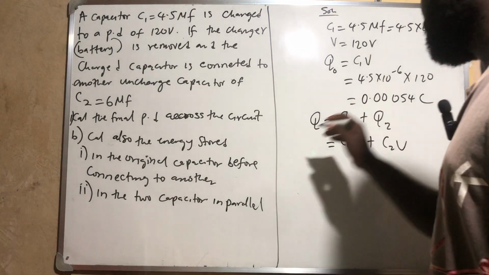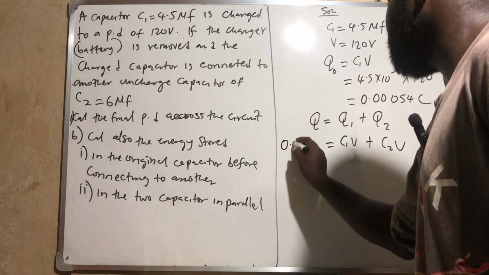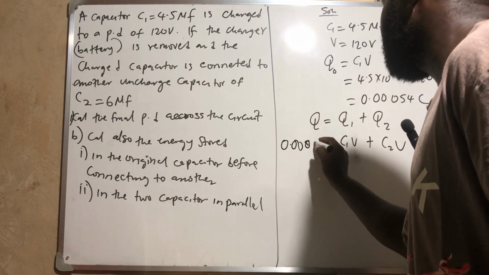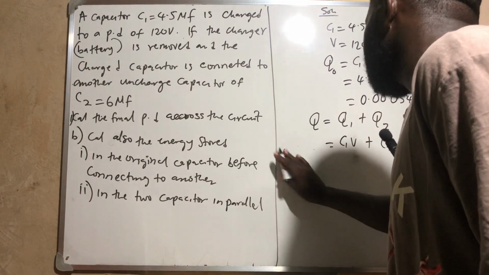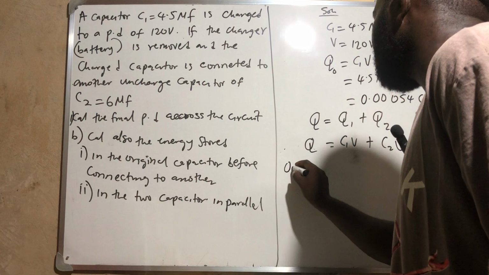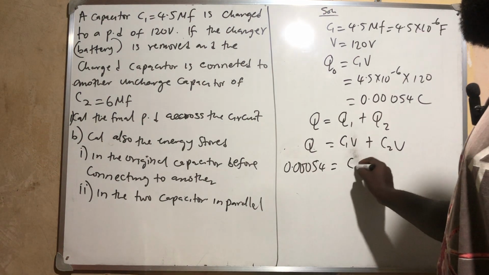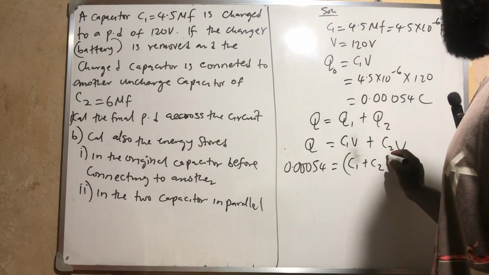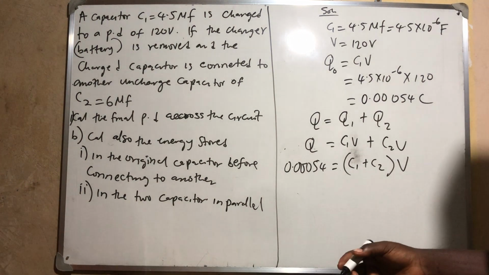So the charge I'm using for the whole circuit is 0.00054, which is equal to C1 plus C2 times V. They will have the same voltage.